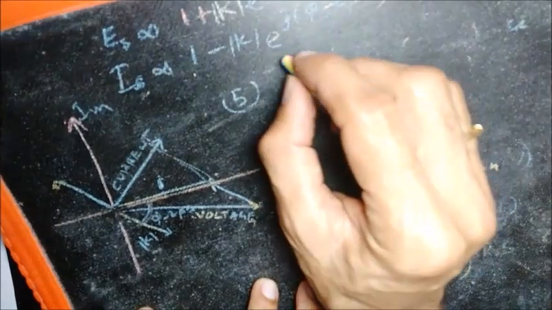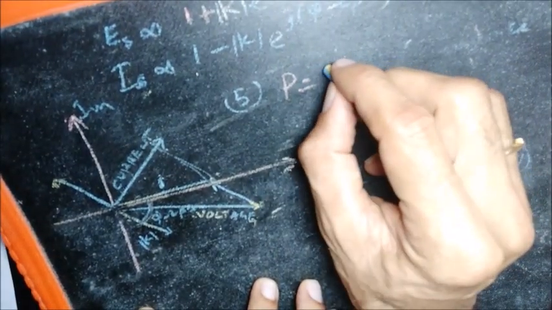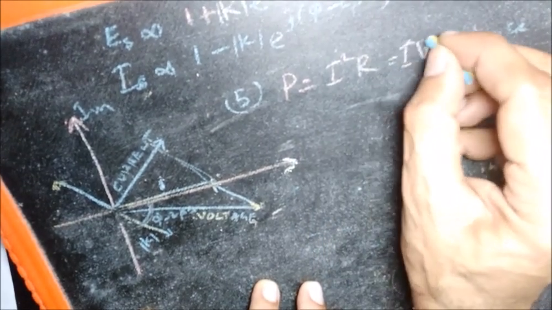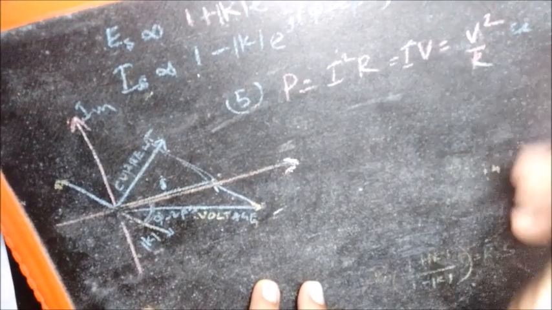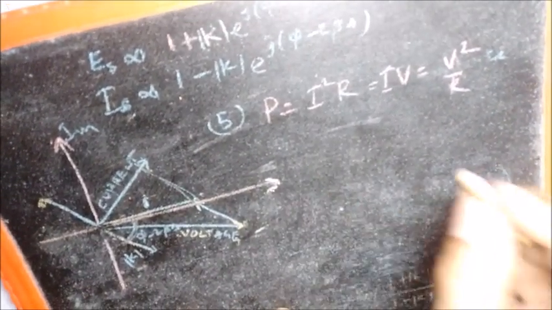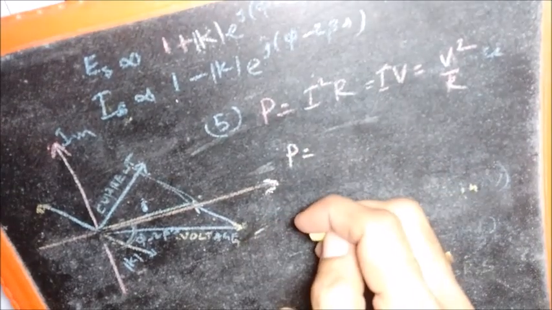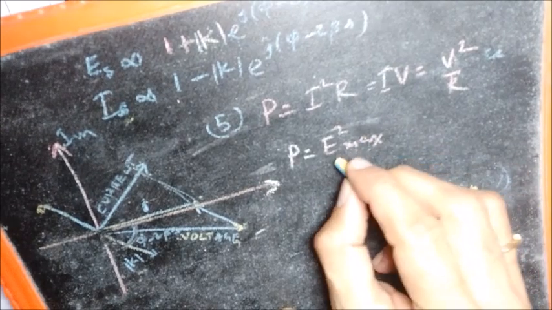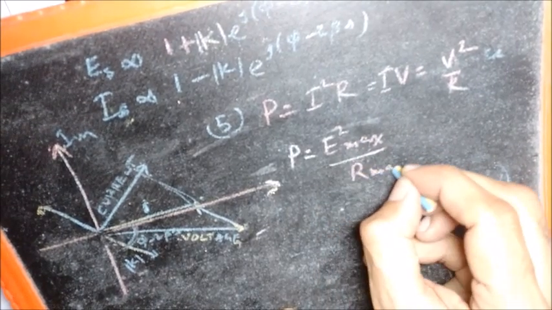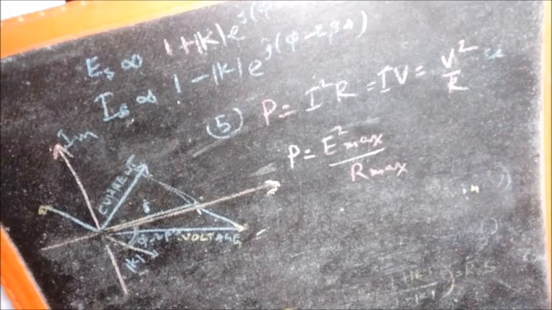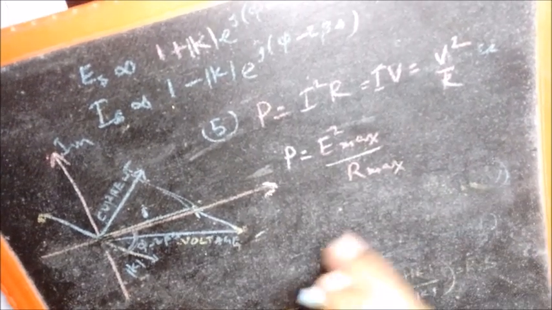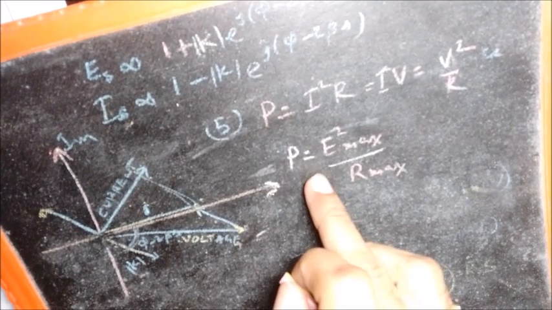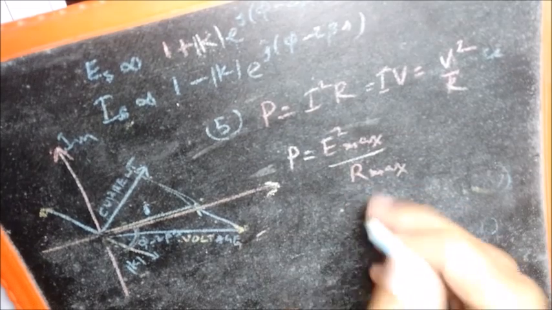We know the basic relation: I square R, or V square by R. So power is equal to E square max by R max. I am finding the power in a transmission line where I have Emax.